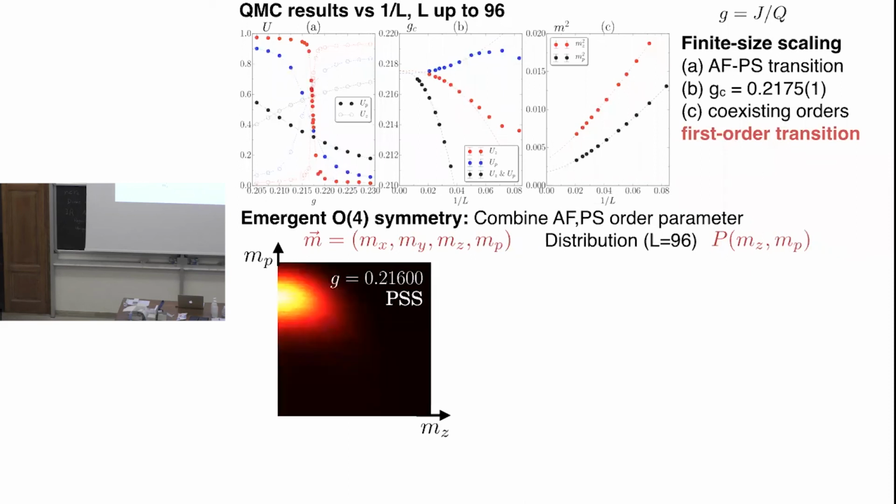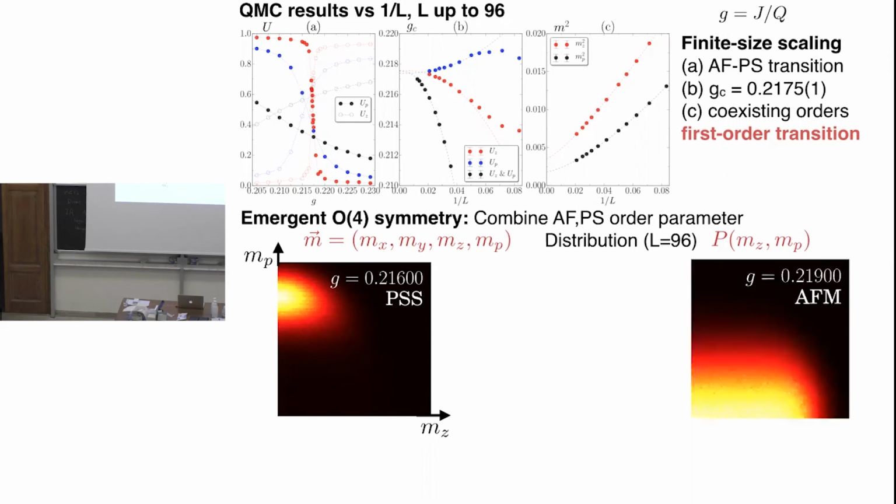So if we go inside the plaquette singlet phase at this particular value of the coupling, you see that we get a blob on the P axis, nothing on the Z axis because it's in the plaquette phase. In the thermodynamic limit, we should just get a delta function there. We get a blob with finite size rounding.